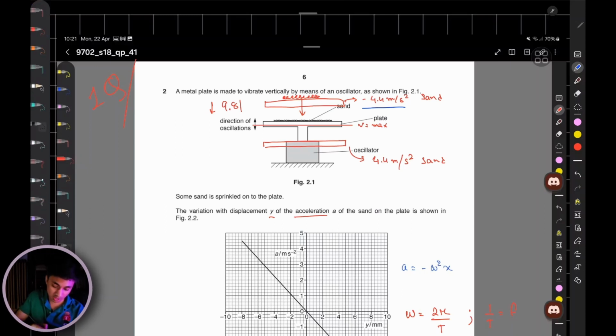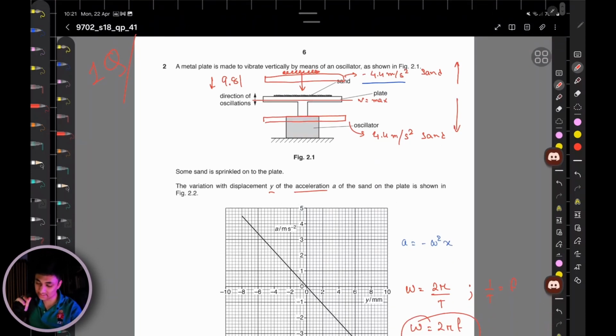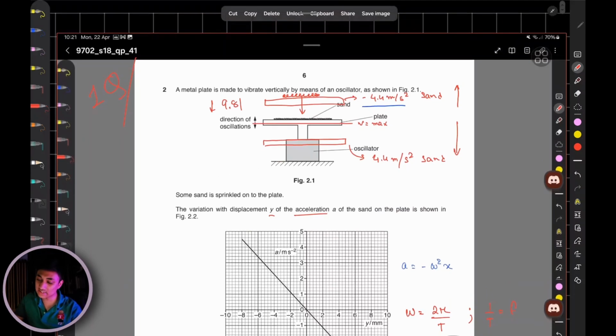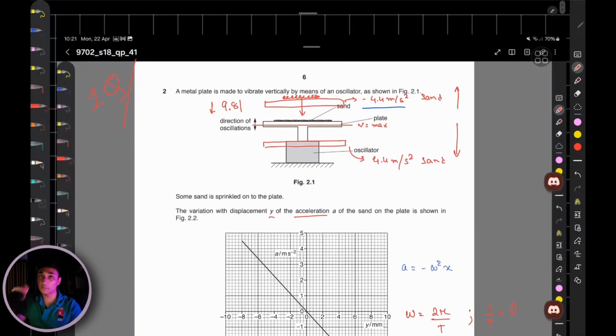The reason behind that is, as you increase the displacement, the acceleration of the sand particles is supposed to increase because the plate will stop exerting force at the topmost position, such that it reaches 9.81 meter per second squared of acceleration, such that the acceleration of the sand particles is downwards and the plate doesn't exert any force on the sand.